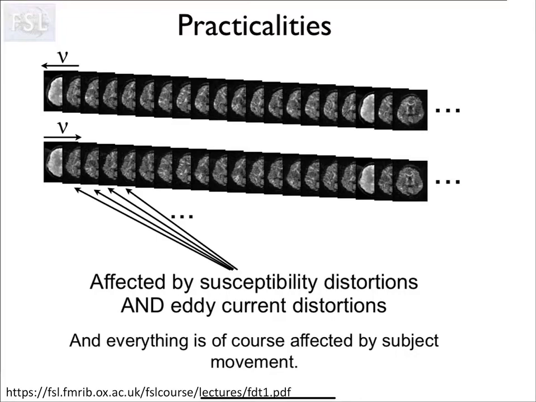Yes. This may be a really dumb question, but are there tracks that connect within ROIs, like can regions talk within themselves? Yeah, that's actually a great question. Obviously it depends on how small your ROI is and how you define it.